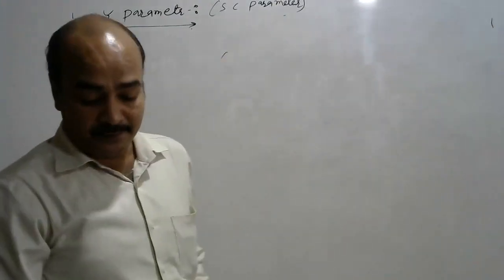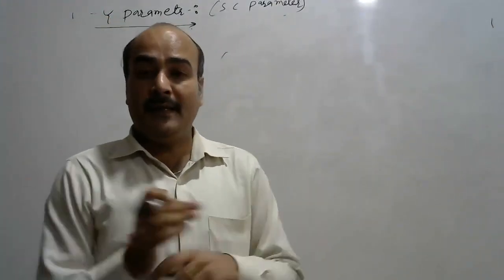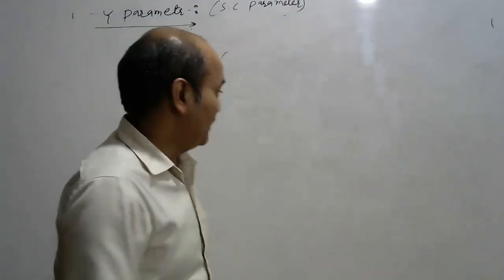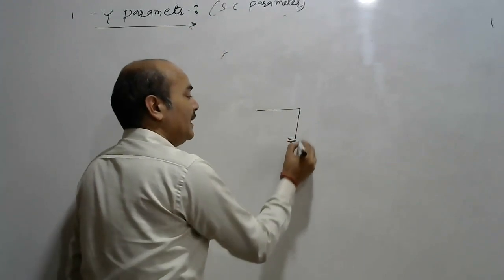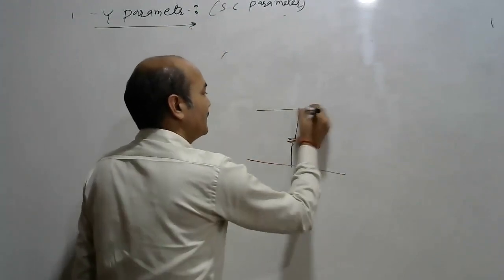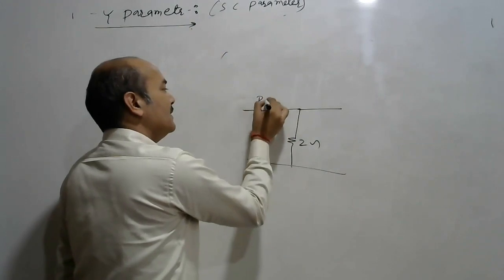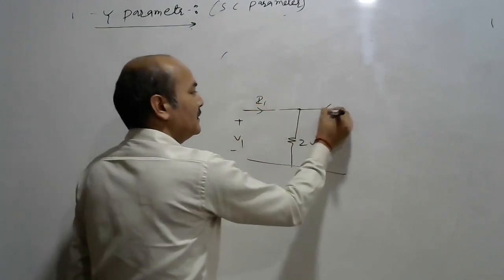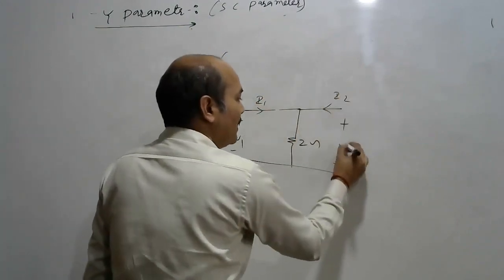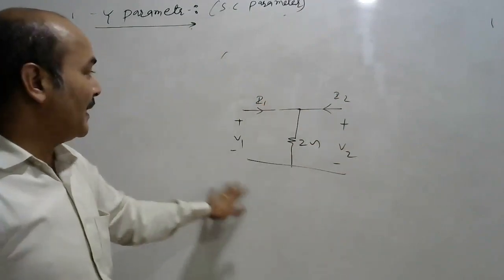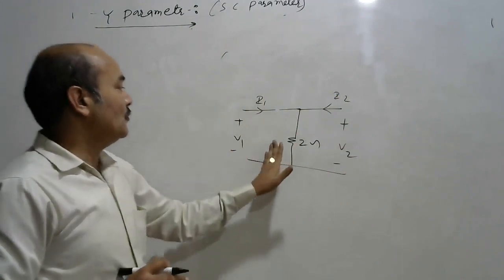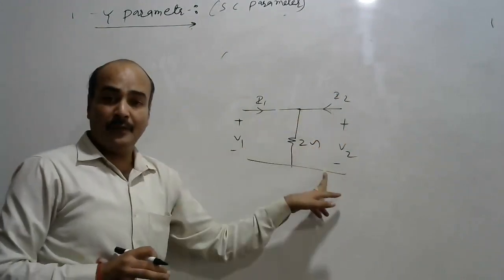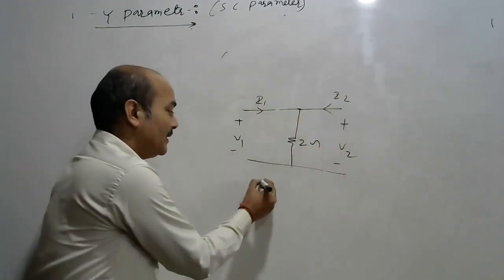So see here, in Y parameters, what we are saying is that V1 and V2 are independent of each other. Now, here is an important problem. Suppose the question shows a 2 ohm resistance, with I1 and voltage V1 at one port, and I2 and V2 at the other. Suppose the question says find the Y parameters of the circuit. See, because of the 2 ohm resistance, the voltages V1 and V2 are both in parallel. So what is the condition?